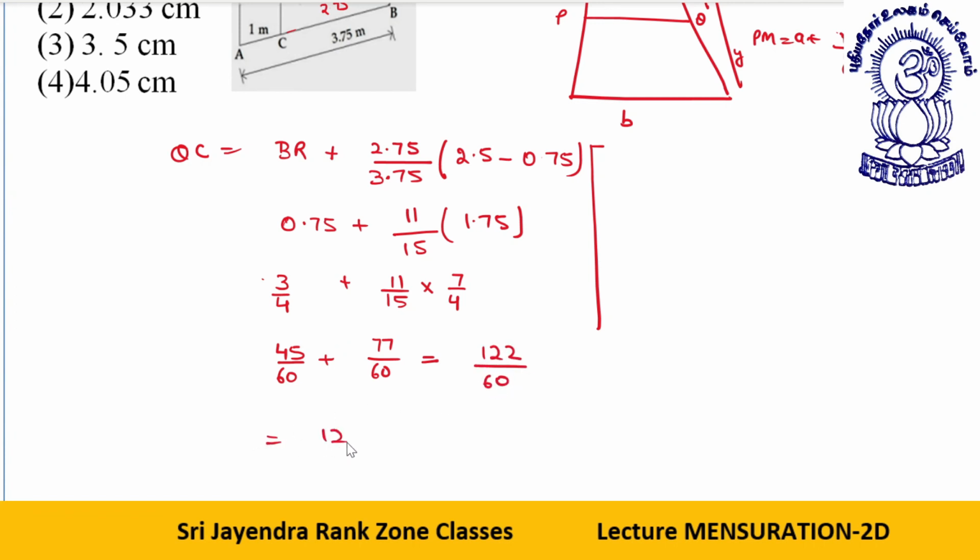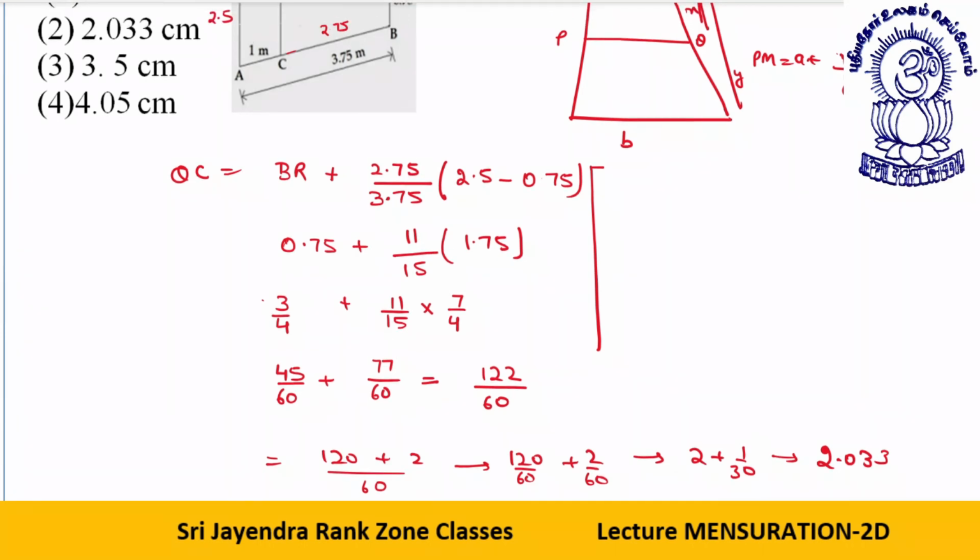Or you can say 120 plus 2 by 60. That gives you 120 by 60 plus 2 by 60. This gives me 2 plus 1 by 30. That is 2.033. Is it clear to all? We have one such option, that is option number 2 is the answer.